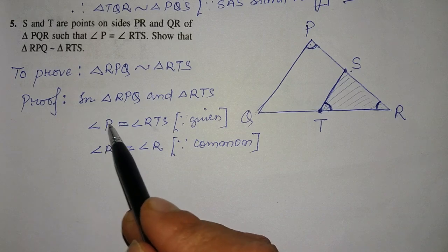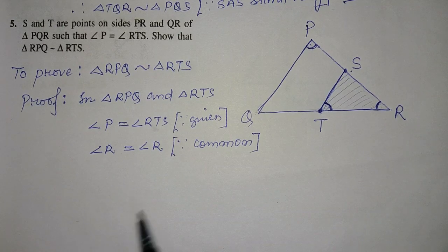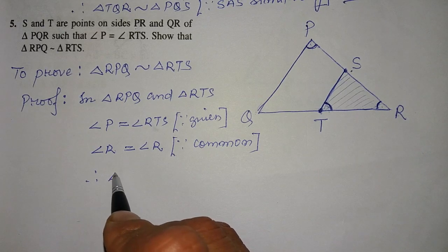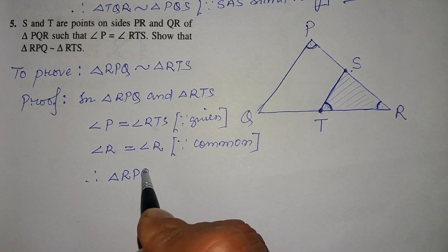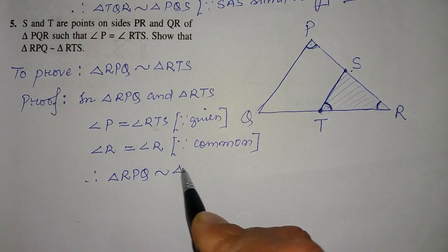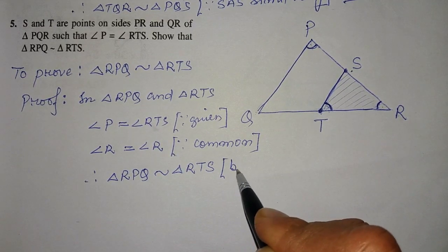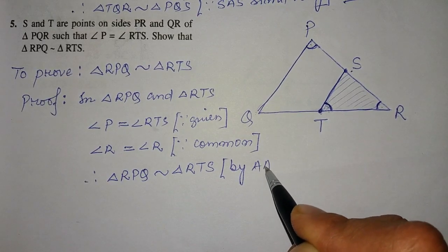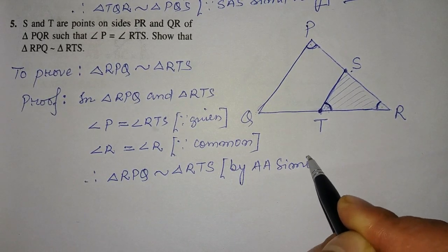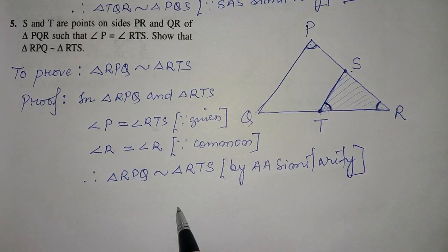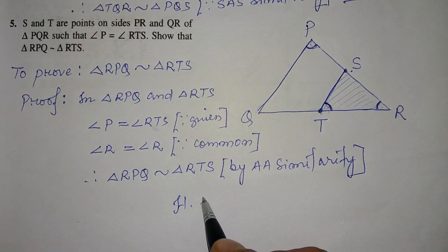Now we have two angles equal to each other, so therefore we say that triangle RPQ is similar to triangle RTS. This is by AA similarity. So this is our proof. Hence proved, or you can say hence shown.